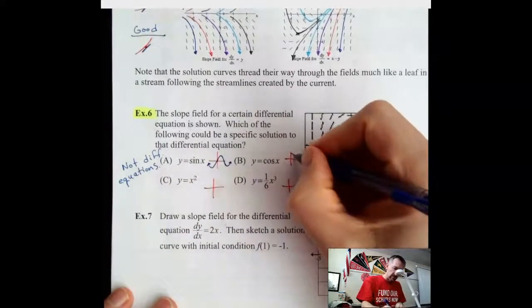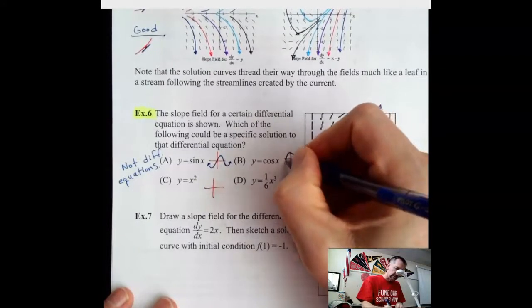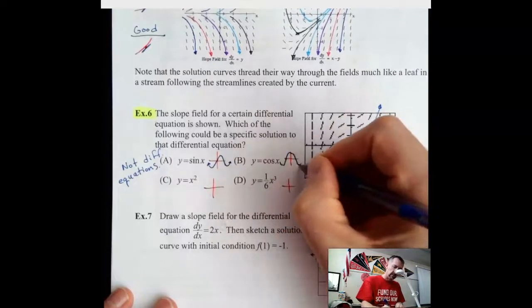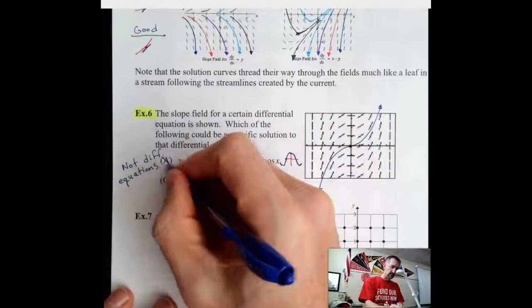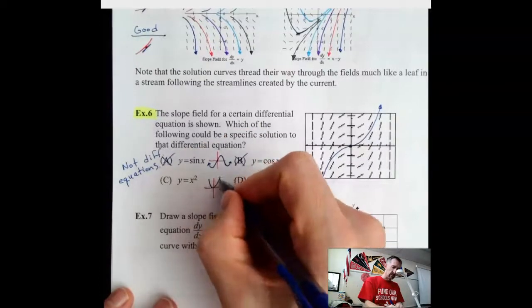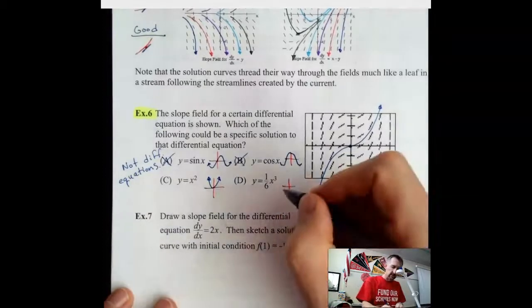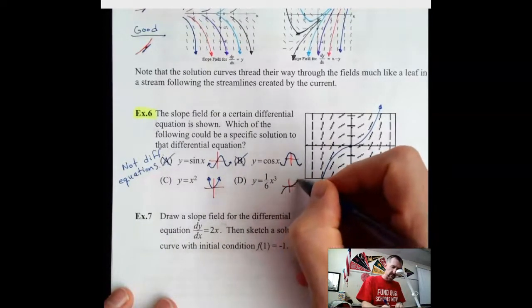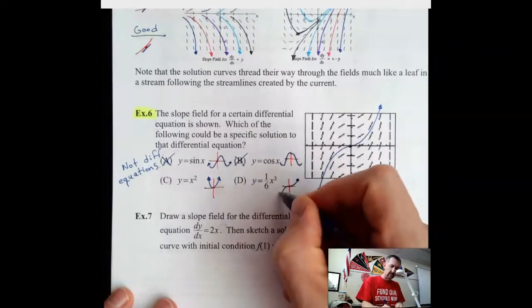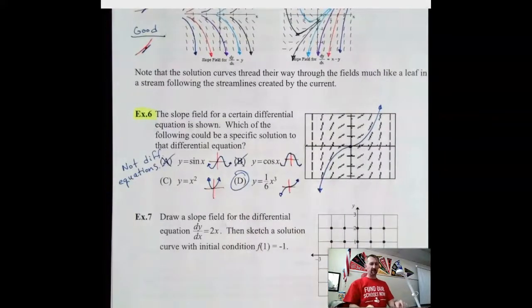Cosine starts at 1 and goes down like that, and then it's like sine except shifted over. And so, no, that doesn't look good. X squared, no, over here that doesn't look good. X cubed, I don't know if that's 1/6, that stretches it this way. But regardless, that's the one that's closest to that. All right.